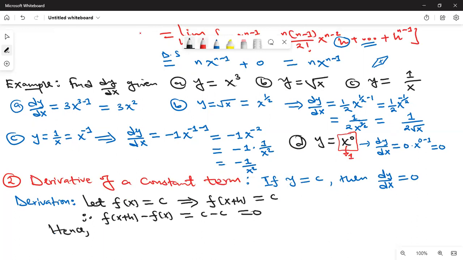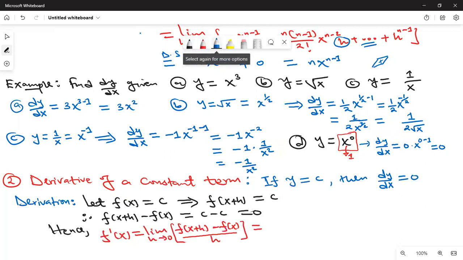from the first principle, f prime of x is the limit as h approaches 0 of f of x plus h minus f of x, everything over h. Look at our f of x plus h minus f of x.